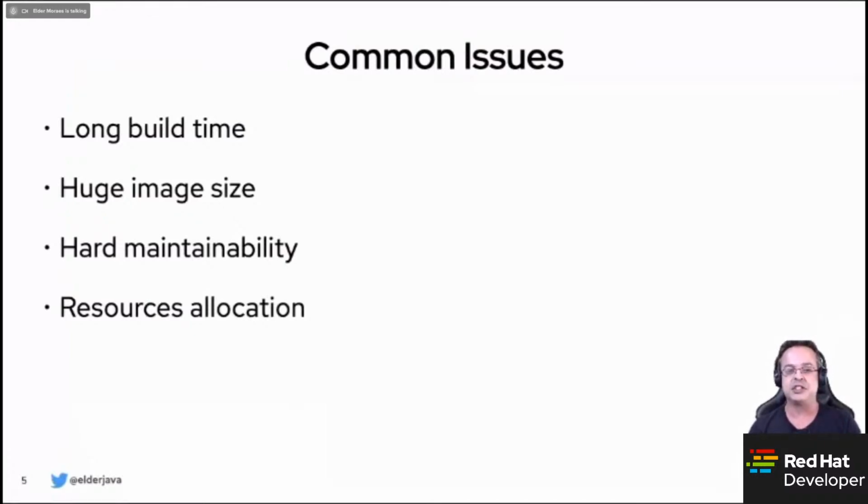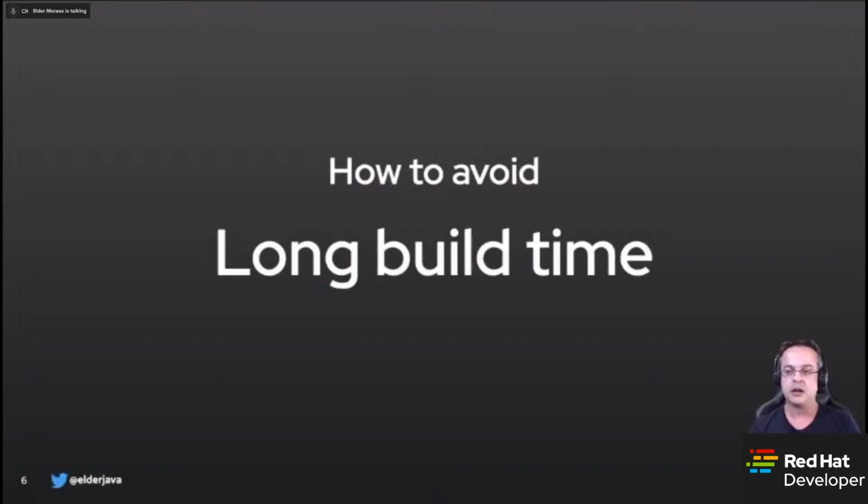I'm not saying that Java will not work. On the contrary, Java works pretty well with containers, but you need to do it right, and that's what we're going to talk about today.